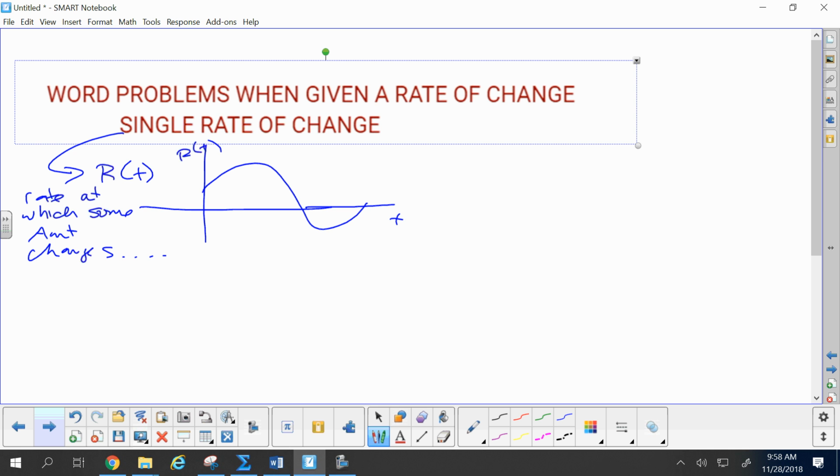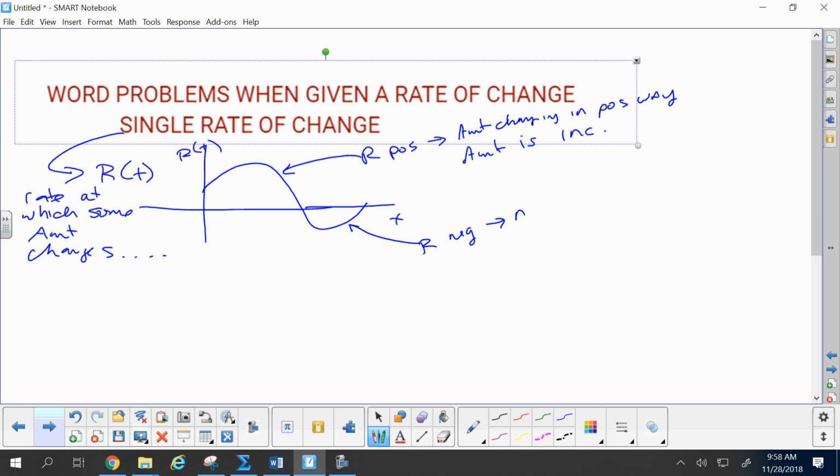Okay? It could be motion, it could be a lot of things. But what would you know about here? When R is positive, then the amount is changing in a positive way, which implies the amount is increasing. Here, the rate is negative, so the amount is decreasing.